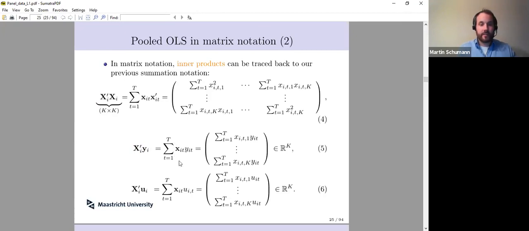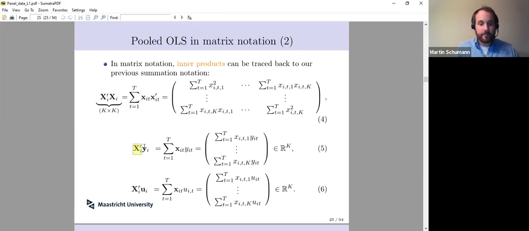So you see that the dimension of this object here is k. The dimension of this here is k times k, because this is a k vector, this is a k row vector. The result will be a k times k matrix.